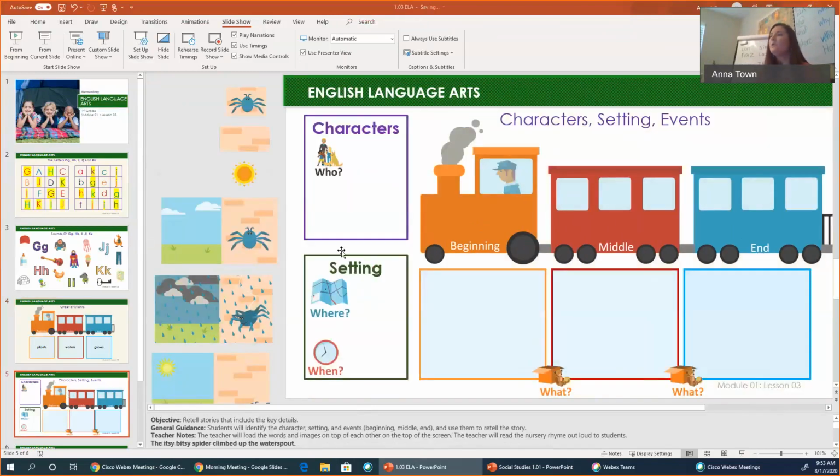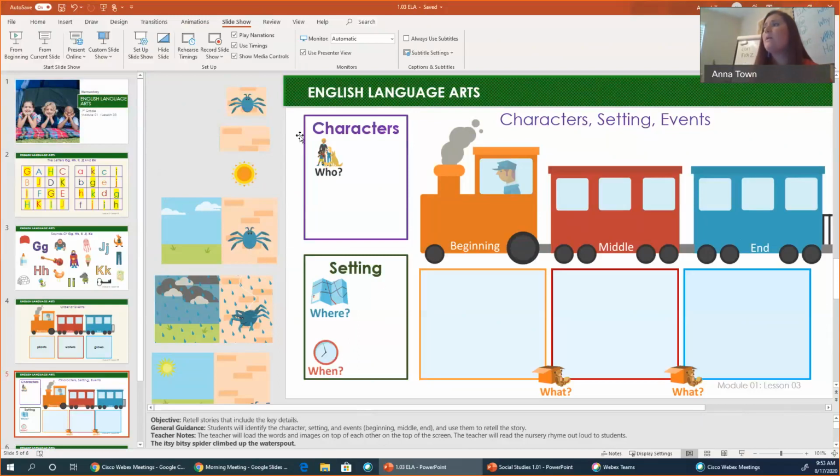Okay, boys and girls, when we talk about characters, settings, and events, characters are the who. Remember, that's the who, the animals and the people. The setting is where a story takes place and when it takes place. So the where is the place that the characters are, and the when is the time.